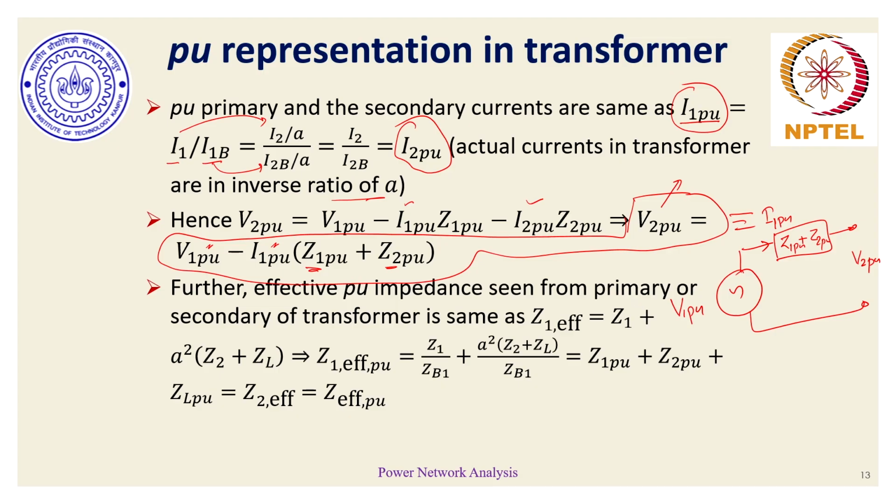If I evaluate that, coincidentally, they also turn out to be same no matter what side I'm trying to evaluate my primary or secondary impedance in per unit. In actual transformer, primary and secondary side impedance will have different ratios. Some will have 1 by A square term, some will have A square term. So the numbers might be different on primary and secondary side in actual ohms, whereas in PU system, the numbers exactly match, completely remaining dimensionless.